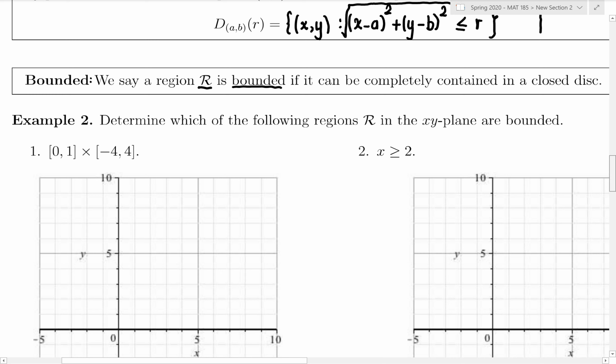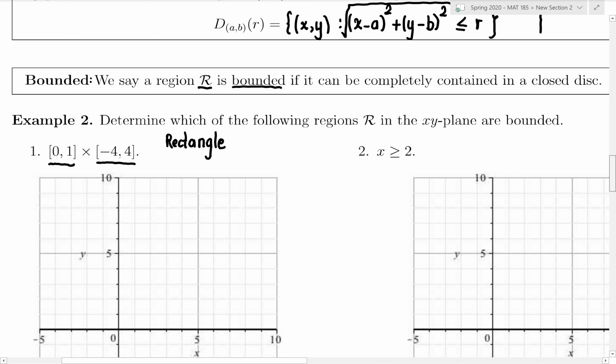Let's look at the region R that is given by [0, 1] cross [negative 4, 4]. This is supposed to represent a rectangle, and let me introduce this notation because we're going to use it a lot moving forward.